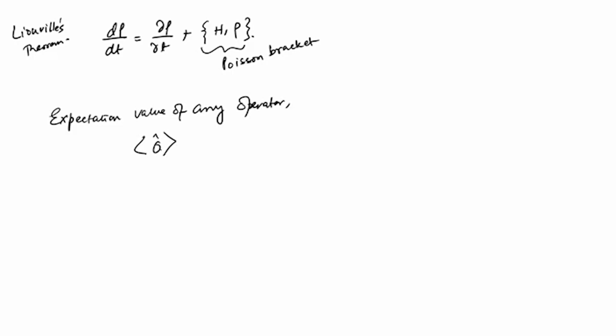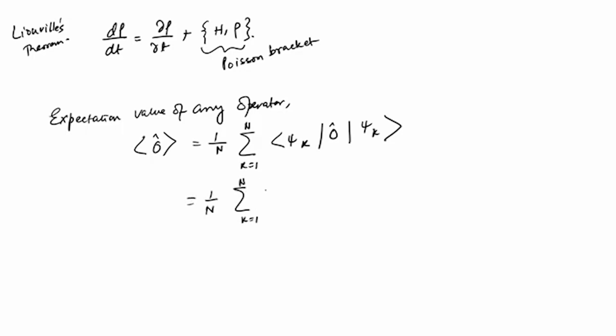Importantly, the expectation value of any operator, say O, is actually nothing but 1 by N sum over k equal to 1 to N of this operator between the states. We simply write down what we have written earlier. This is equal to 1 by N sum over k equal to 1 to N, and there is a sum over m, n, and this is equal to a nk star a mk and O mn.